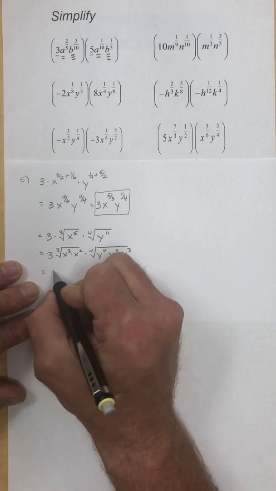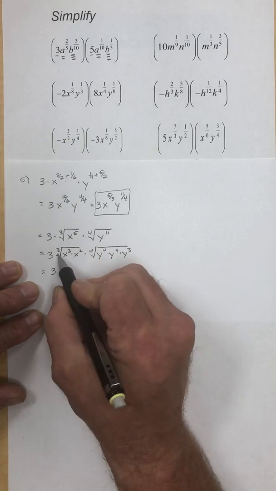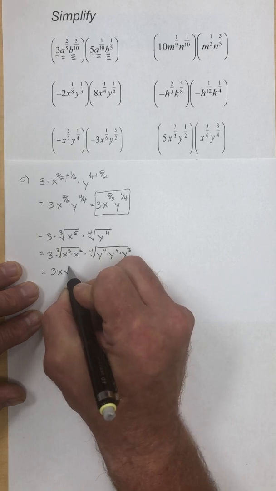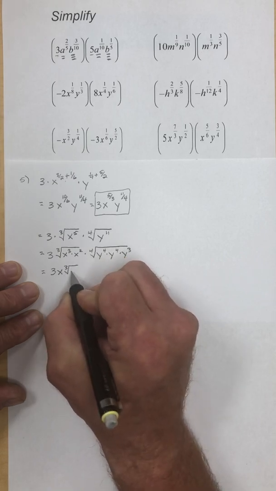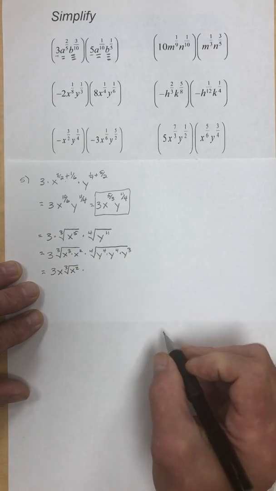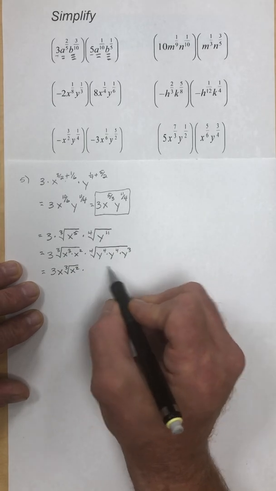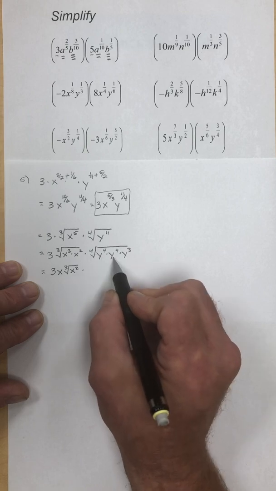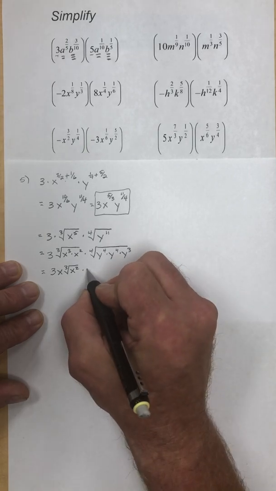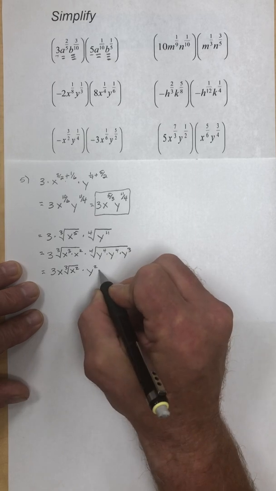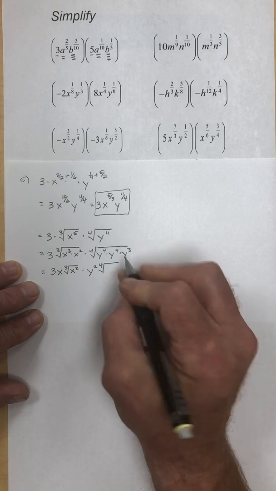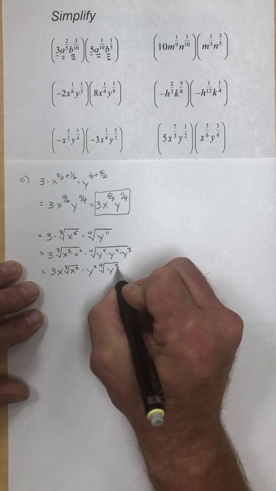So we have 3. The cubed root of x cubed is just x, so that'd be x times the cubed root of x squared, times the 4th root of y to the 4th, which is y, and the 4th root of y to the 4th is just y, so I'd have y times y on the outside, so I would get y squared times the 4th root of y cubed underneath.